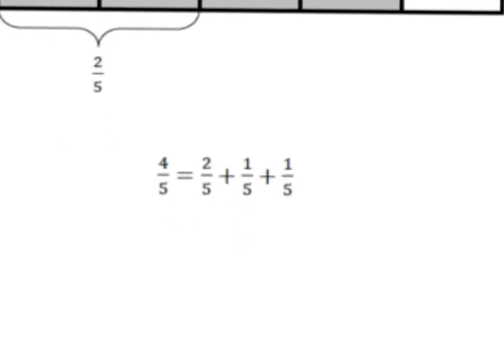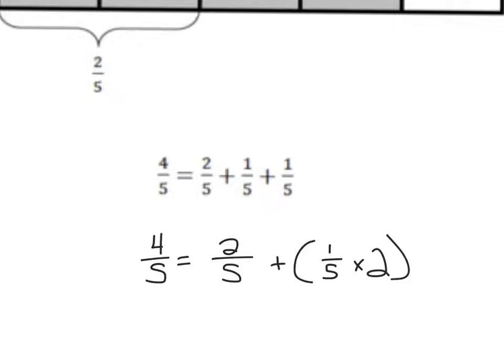Now this may look a little tricky, but you can do this. 4/5 equals 2/5 plus, we'll put these together, 1/5 times 2. Putting those in parentheses means 1/5 times 2, that's 1/5 2 times. That's going to give you 2/5 plus another 2/5 would equal a total of 4/5.